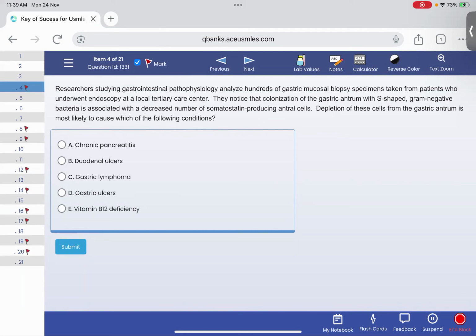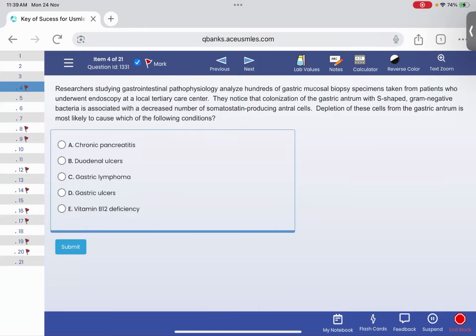B. Yeah, I told you there are two types of ulcers, right? Duodenal and gastric ulcers, right? And the mechanism of pathogenesis is actually different. In duodenal ulcer, what happens is these H. pylori actually damage these somatostatin producing antral cells, leading to a lot of gastrin, which works on the parietal cells and produces a lot of acid, which is emptied into the duodenum, which is underprotected, and causes duodenal ulcers, right?